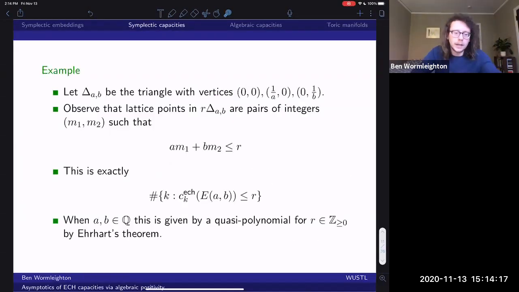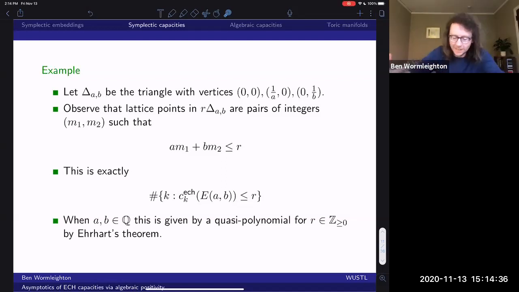Okay, so here's the example where I'm going to try and showcase the first place that algebraic geometry, at least in a way we'll consider, comes into the story. Let Delta(A,B) be the triangle with vertices (0,0), (1/A, 0), (0, 1/B).